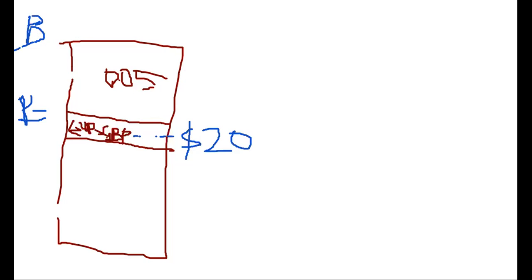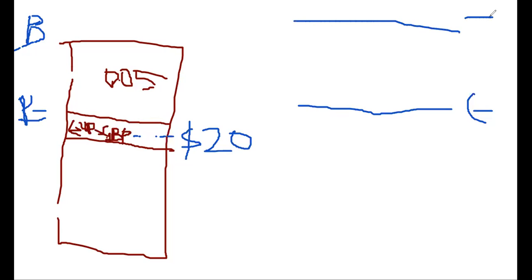Whenever you are buying, your entry point is here, and your take profit is here, TP, and your stop loss is here, SL.